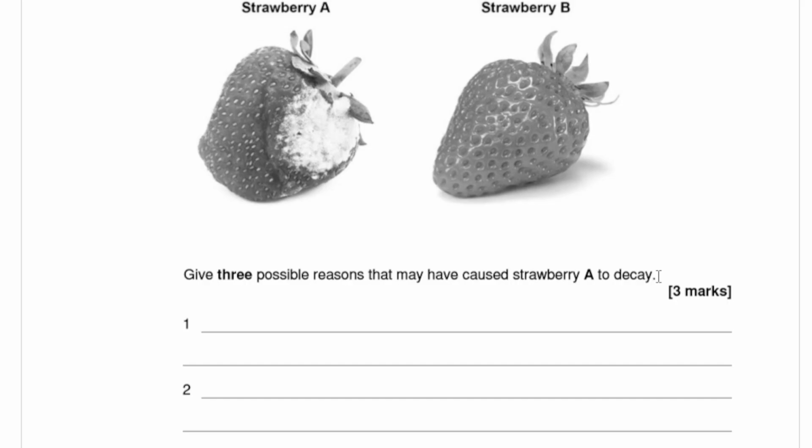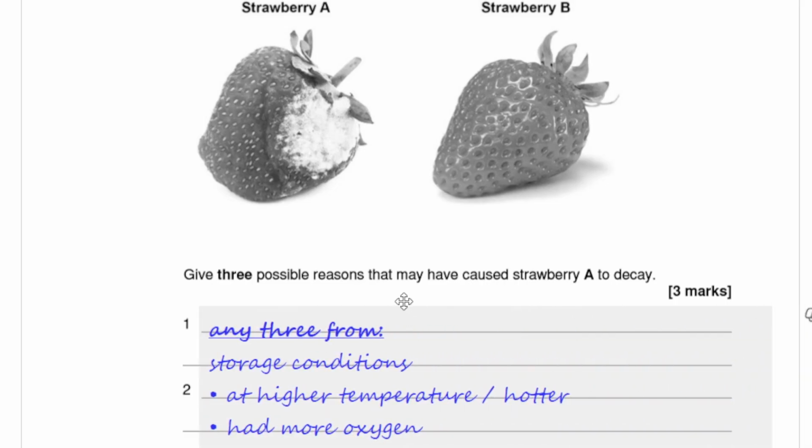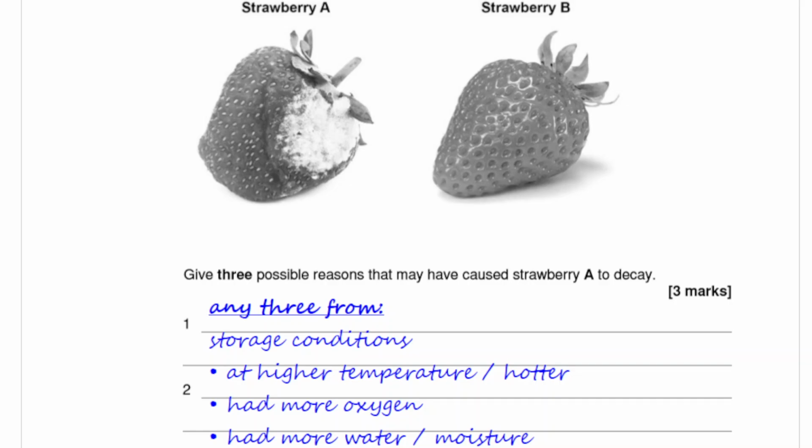Maybe it was stored at a higher temperature, there was more oxygen for it, or there was more water or moisture on it, or simply because there were microorganisms on the strawberry. Maybe it was resting on the ground while strawberry B was hanging in mid-air. So any of these 3 would give you the marks.